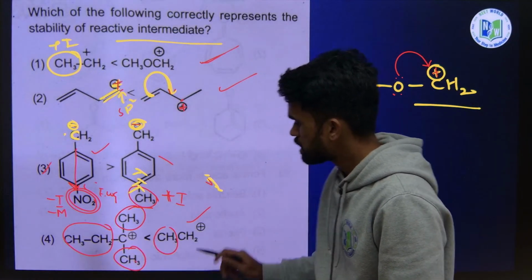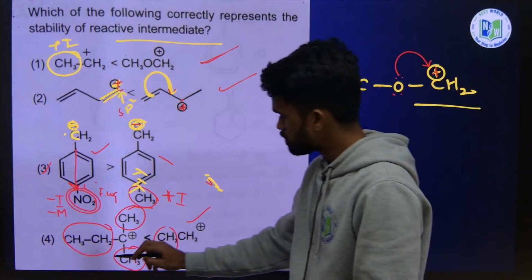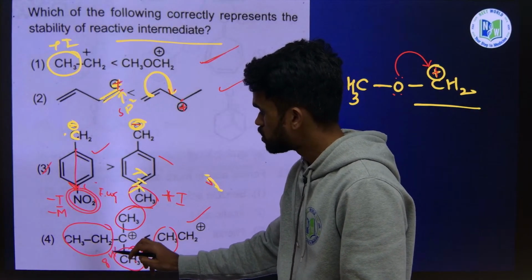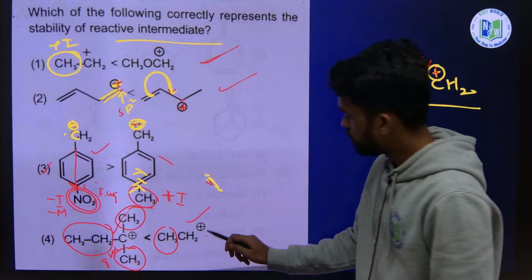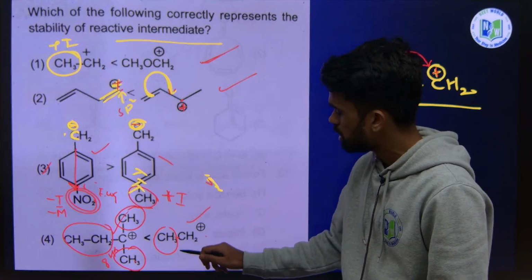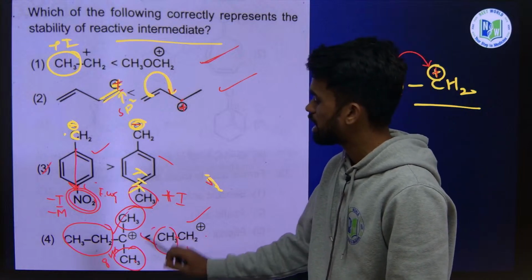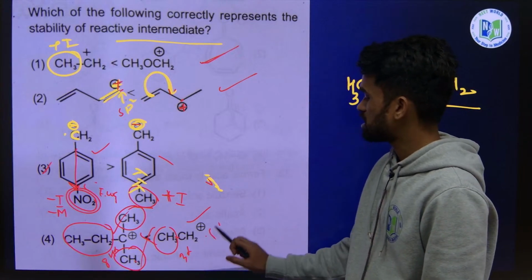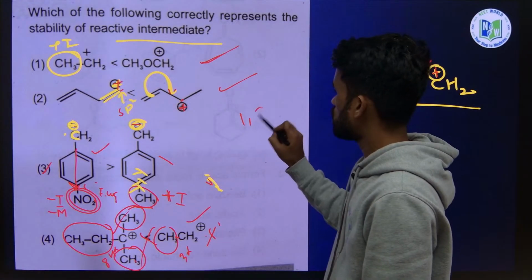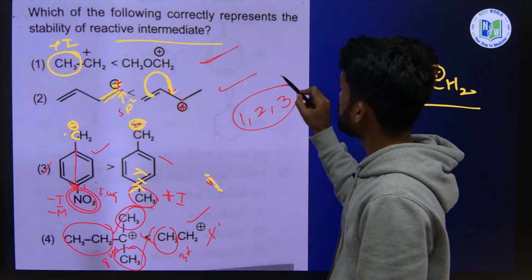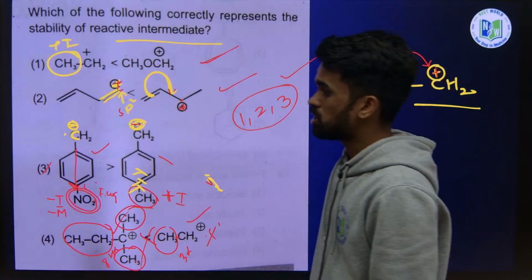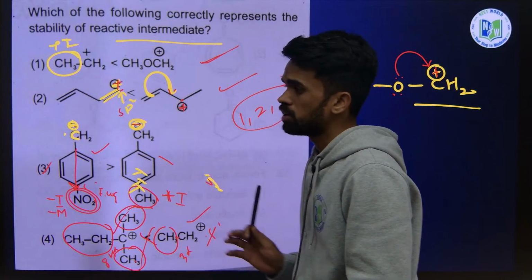So total 6 plus 2, 8 alpha hydrogens are there to stabilize this carbocation, whereas this carbocation has only 3 alpha hydrogens, which is less stable. So it means this is the incorrectly matched one. The fourth one is incorrectly matched. So you can say 1, 2, 3 are perfectly arranged based on their stabilities. This is what you need to solve.